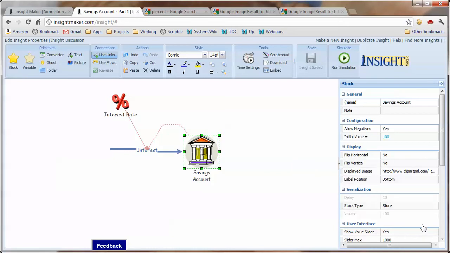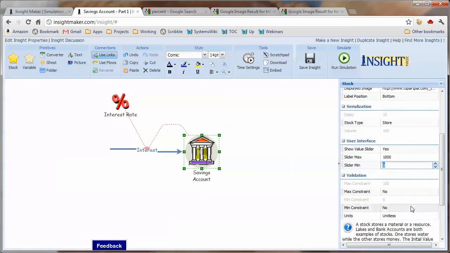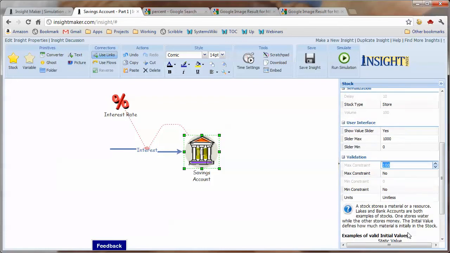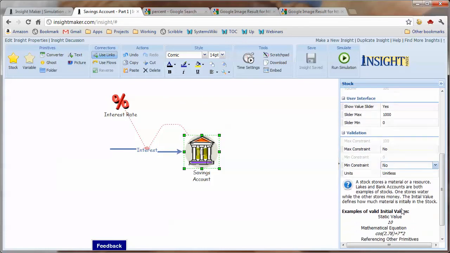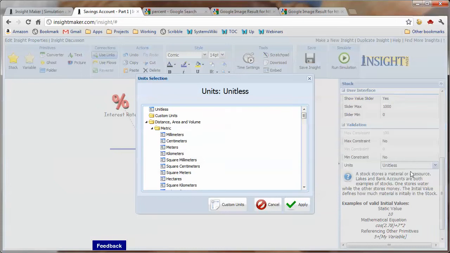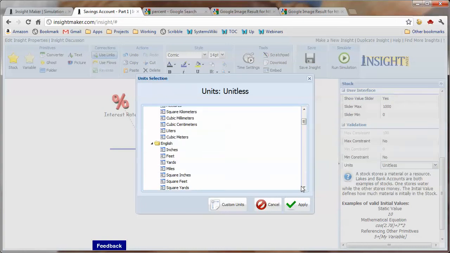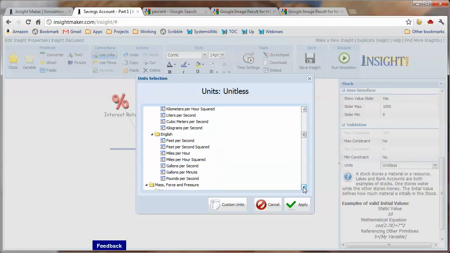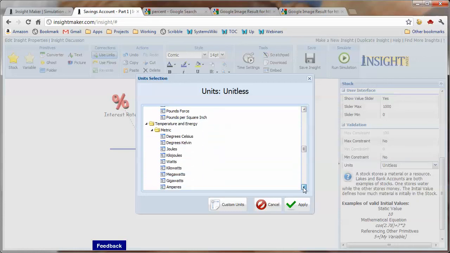Though before I move to that, it would be good if I actually went down and set this so that I told it that the money in the account was actually in dollars. Where is it?